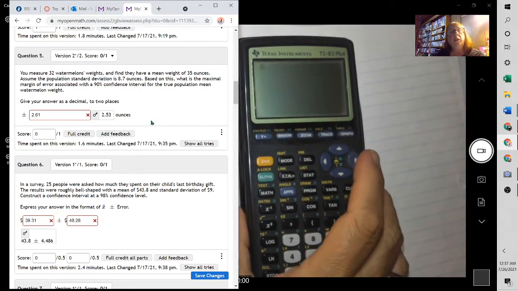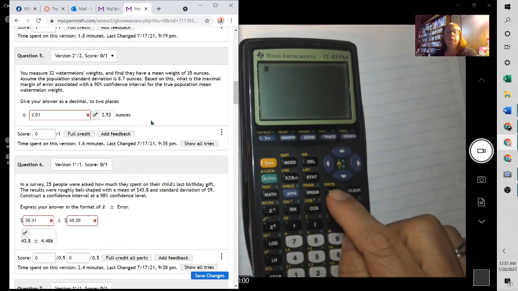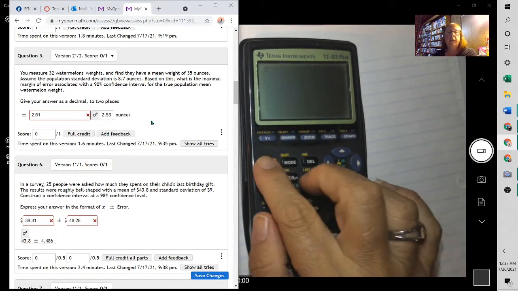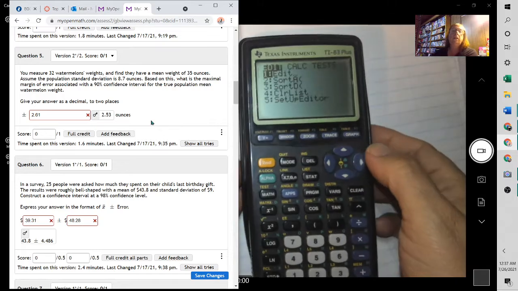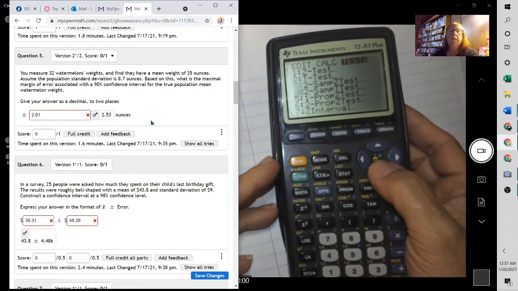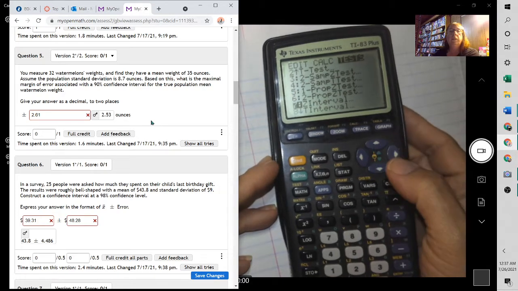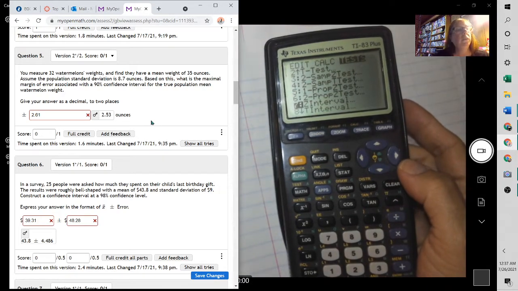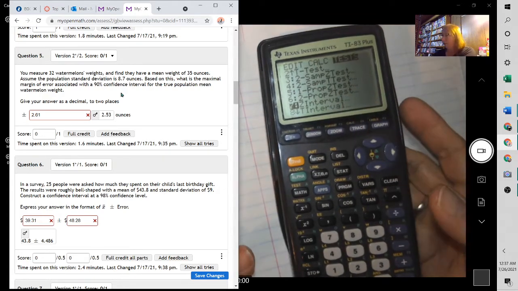So if we found the confidence interval, to do that, you go under Stats, over to Test, and then down to Interval. Now this one will be a Z interval because they're giving us the population standard deviation. Right there it says population standard deviation. So we want the Z.